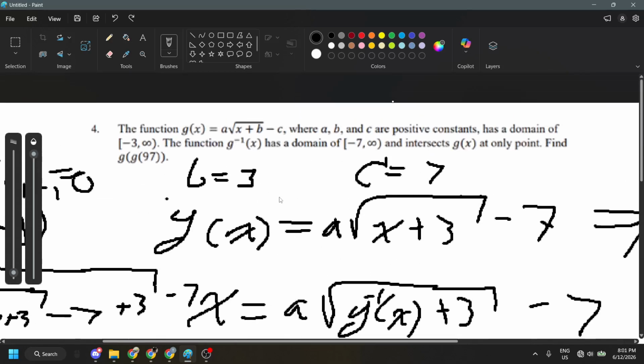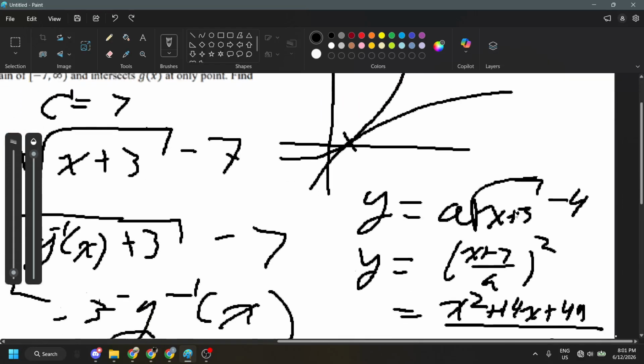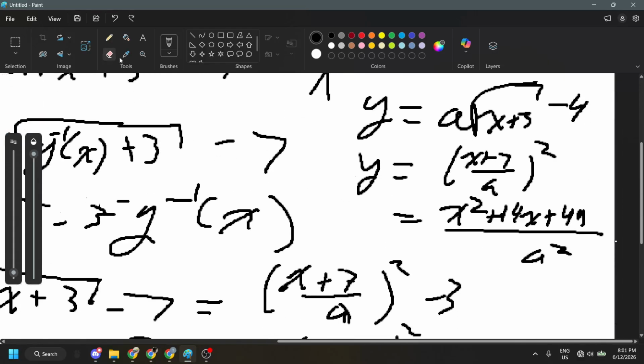How do we know where they intersect? Well, we're told they only intersect at one point, which means that if you subtract one of these from another, they only equal 0 at one point.